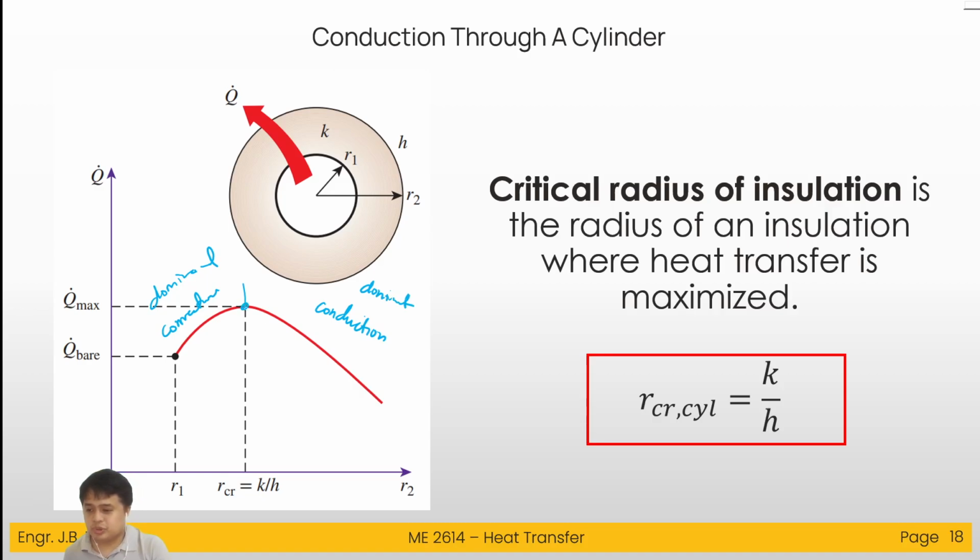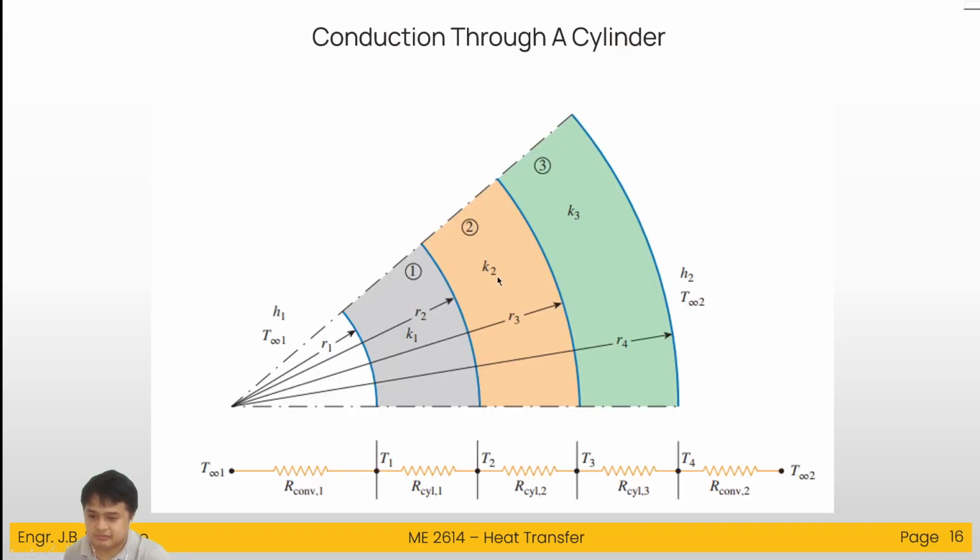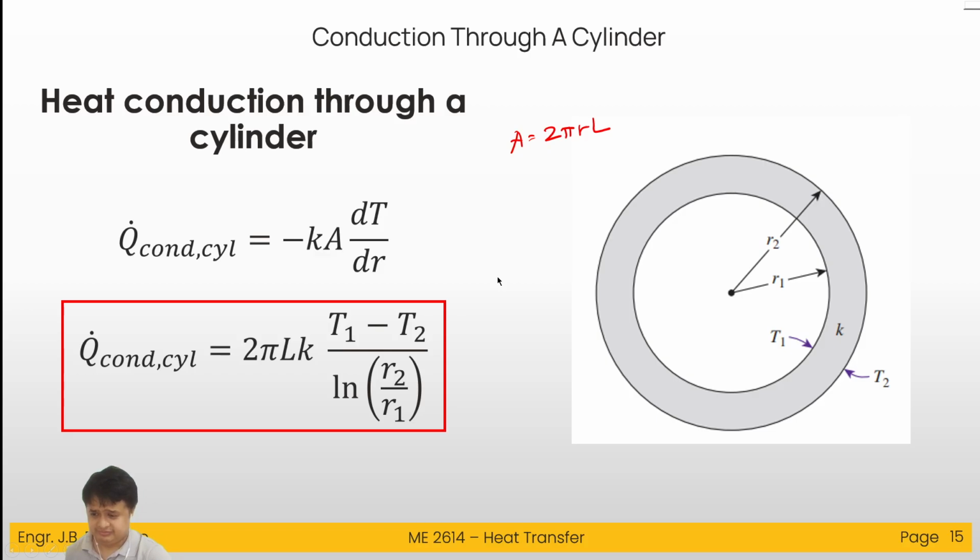At this point, the convection and the conduction are balanced. This radius, somewhere in the middle here, is your critical radius of insulation, which can be found if you find the first derivative of your Q and equate it to 0 with respect to R2.